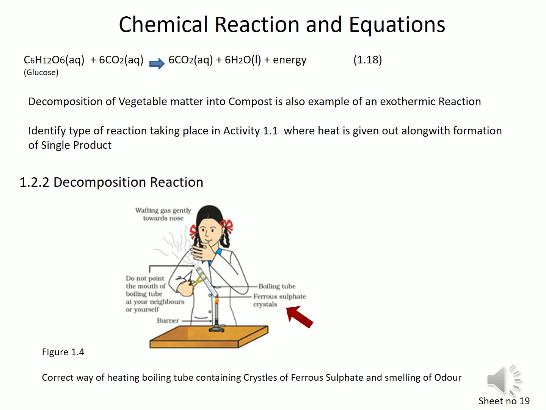Now when we heat these crystals with a burner, fumes are generated. Ensure that you hold this boiling tube or test tube away from your nose or face so that these hazardous fumes are not harmful to your body. Okay, this is one of the cautions we have to take during this experiment.